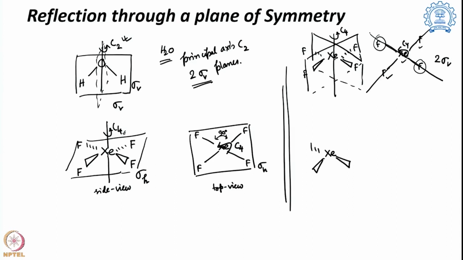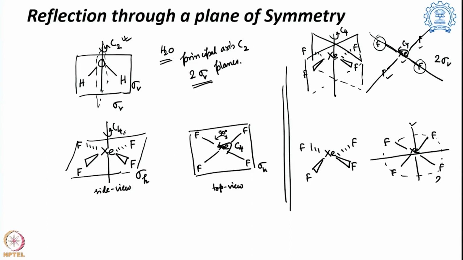We have two other C2s, and we will try to find out exactly where those other sigma planes are. These are going through only xenon, and this one is reflecting these two fluorines to this one, and for this, reflecting to this one.